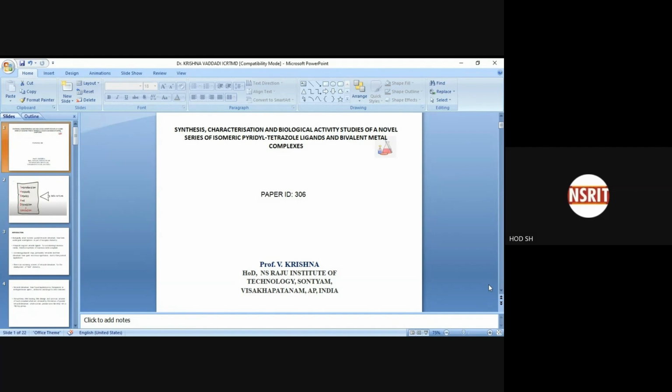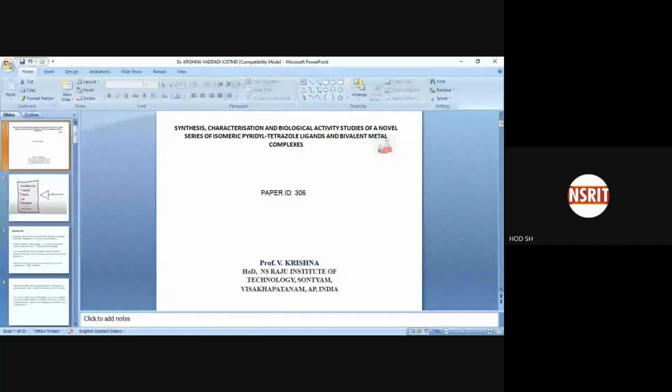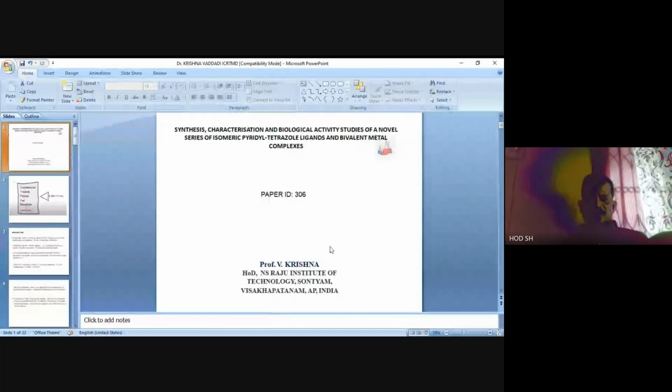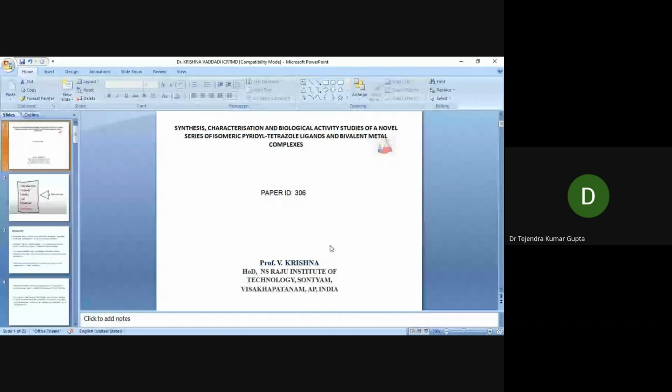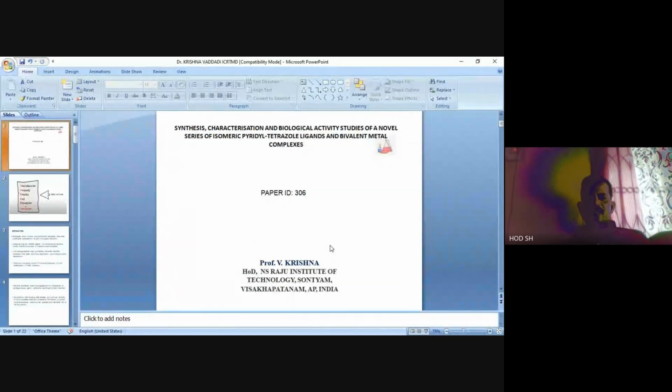Professor V. Krishna, head of the Department of Chemistry, I am working at the Nadimpalli Satyanarayana Raju Institute of Technology in Visakhapatnam, Andhra Pradesh, India. My paper is entitled Synthesis and Characterization and biological activity studies of a novel series of isomeric pyridyl-tetrazole ligand and bivalent metal complexes.